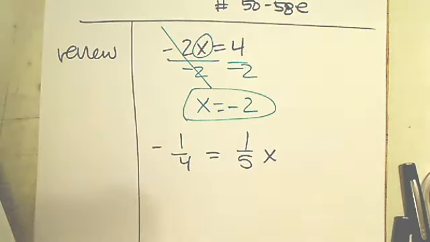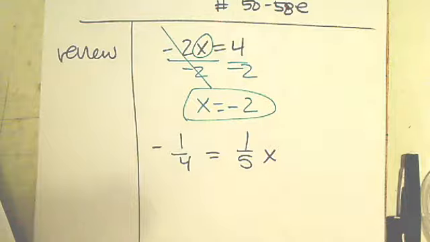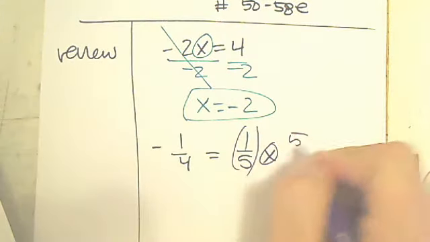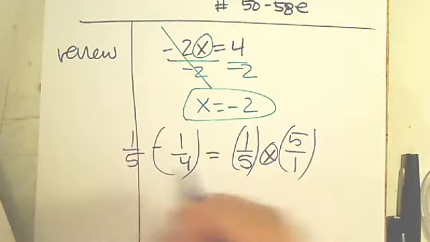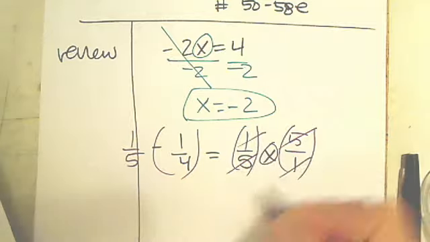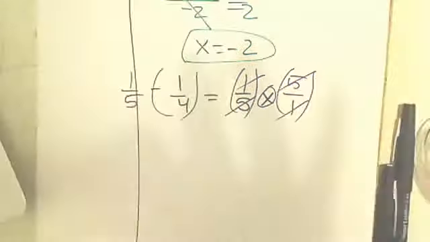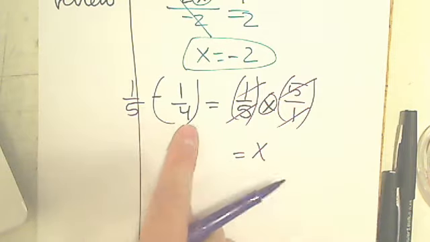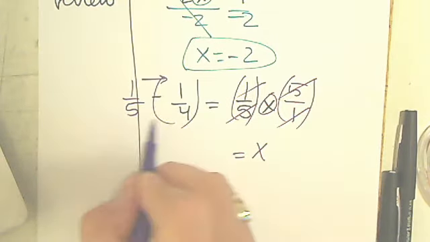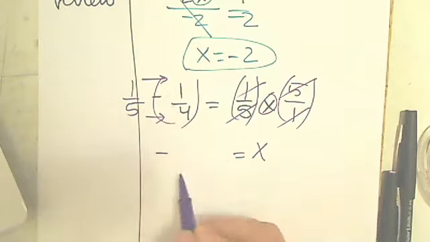So I take the reciprocal, the flip, the inverse of 1/5. When we do that, this 1/5 must go away. So I'll take the reciprocal of 1/5 on both sides, but be careful, you have a negative and a positive. The 5s and 1s cancel out. You have x left over on the right side. Negative times a positive is negative. You can't reduce anything.